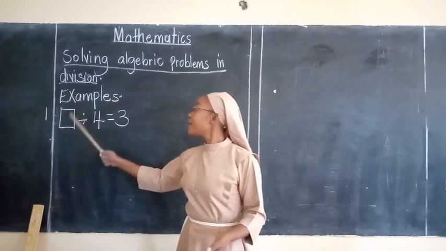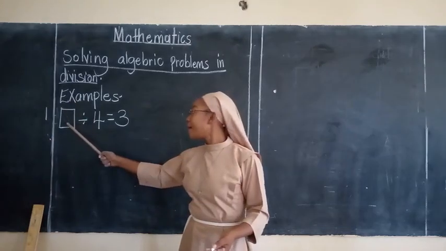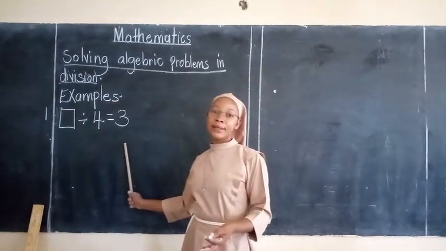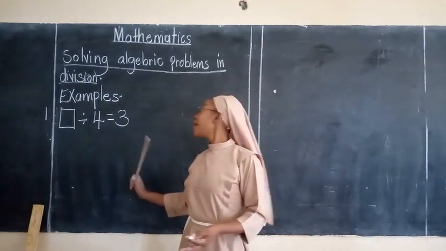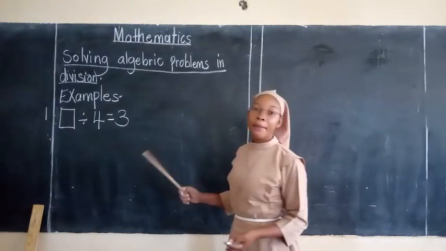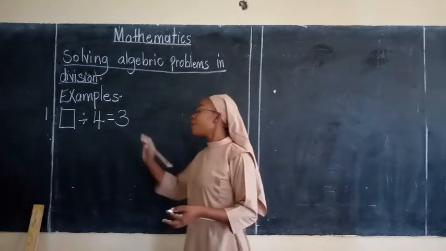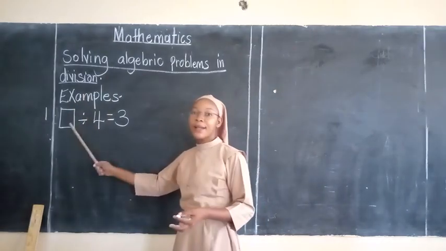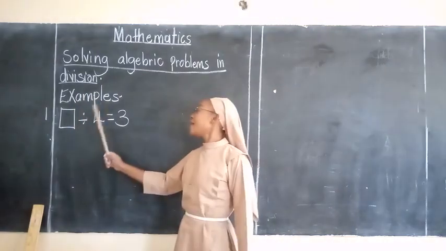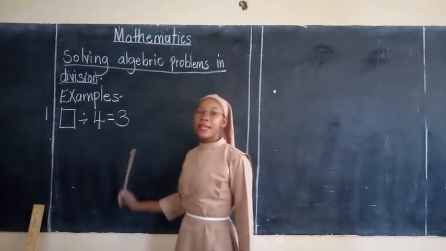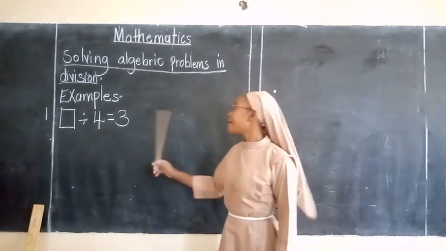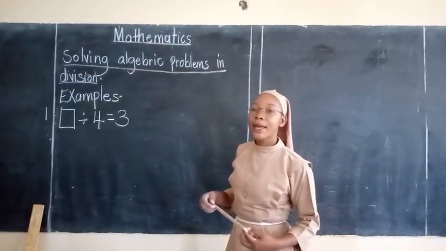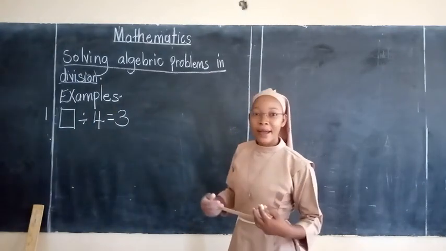If you've not been given the first number, we multiply the two numbers. Listen carefully. If we are finding the missing number in division, if we've not been given the first number and we are dividing, I've said we multiply the two numbers in order for us to get the missing number.